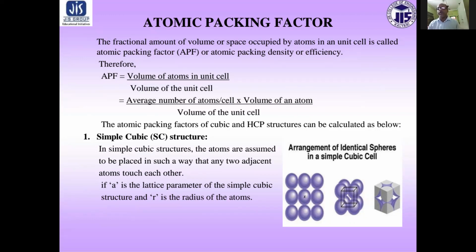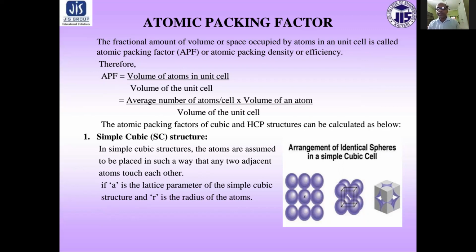The volume of atoms in the unit cell we can find from the average number of atoms per unit cell and the volume of an individual atom, divided by the volume of the unit cell. The atomic packing factors of some cubical and HCP structures are calculated as below.